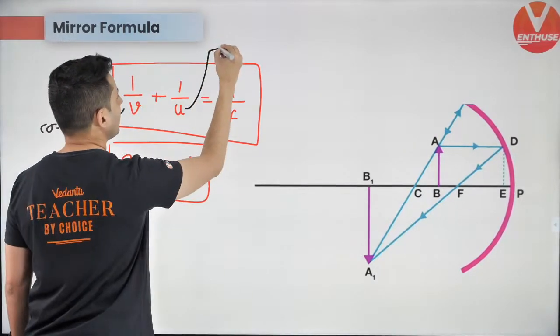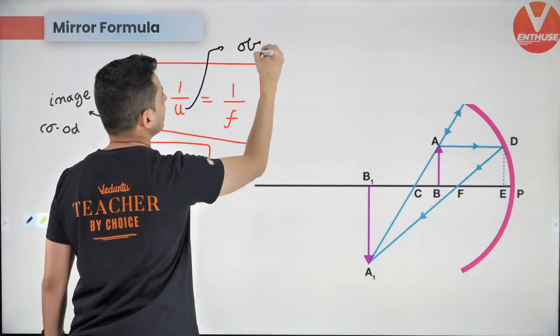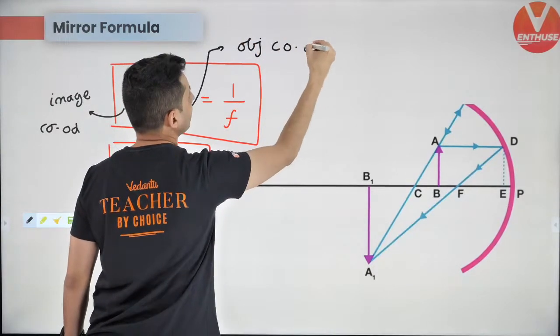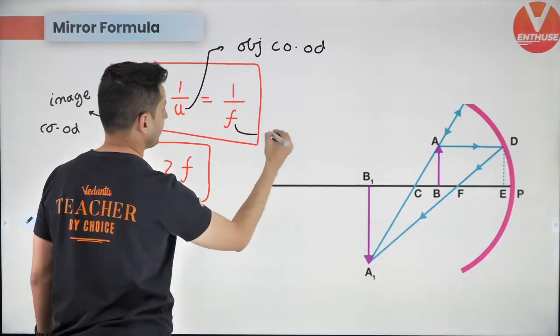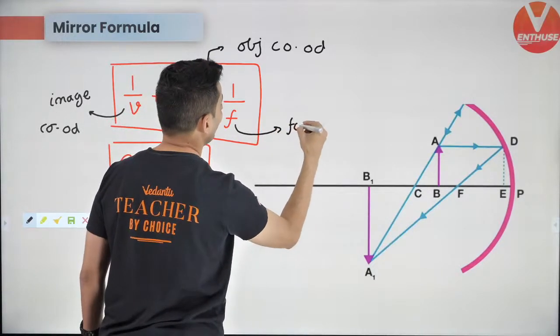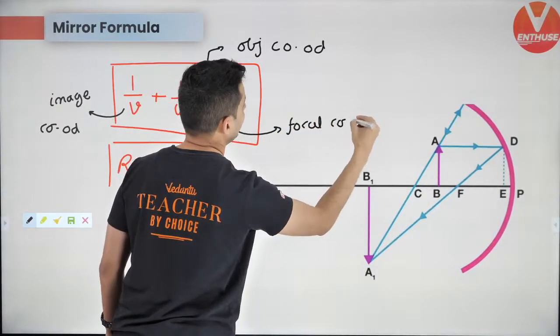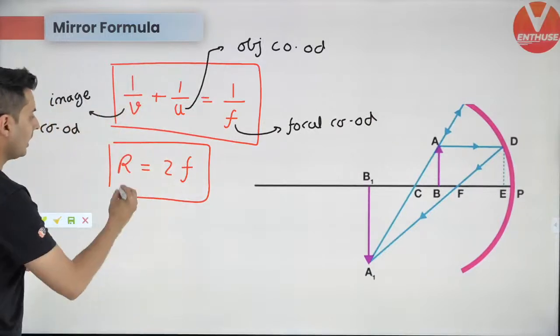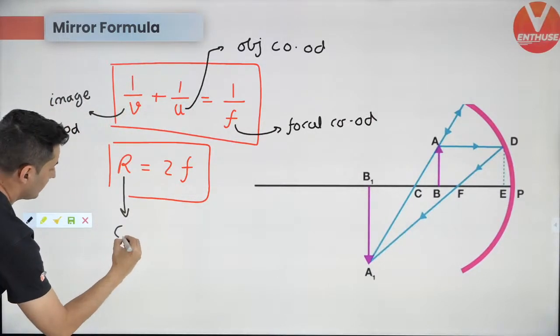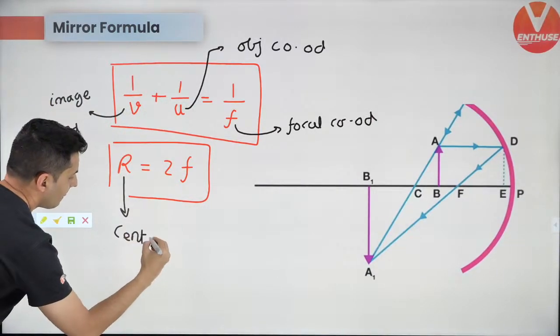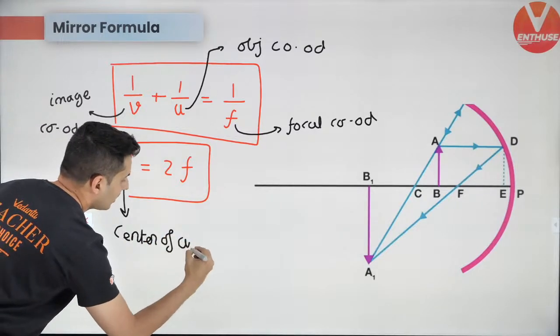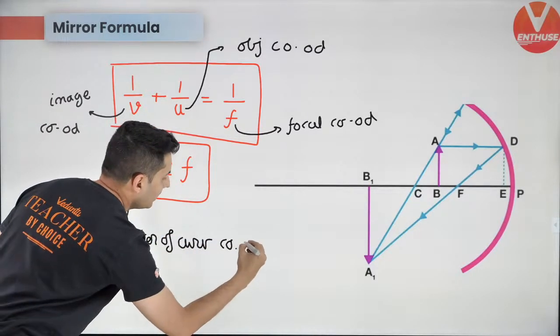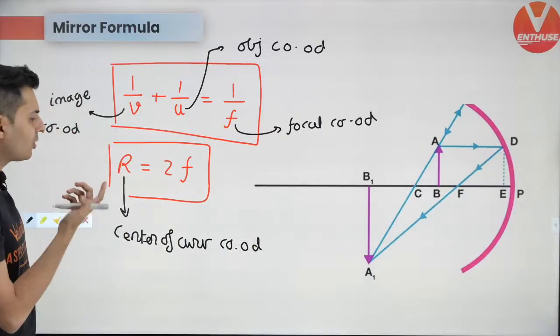This u, I will call it the object coordinate. That is a better word for this. And this will be the focal coordinate. And this is the center of curvature coordinate.